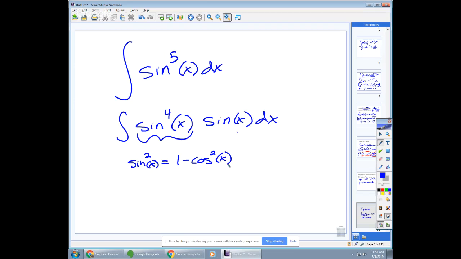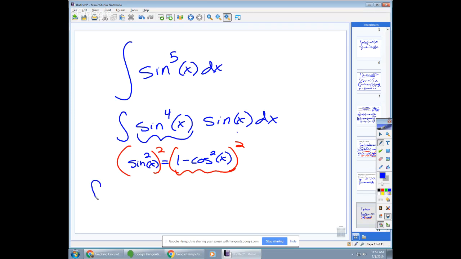What do I really want though? Sine to the 4th. So if I just square both sides of this, I now have sine to the 4th, which means I have to FOIL that out, multiply by itself.